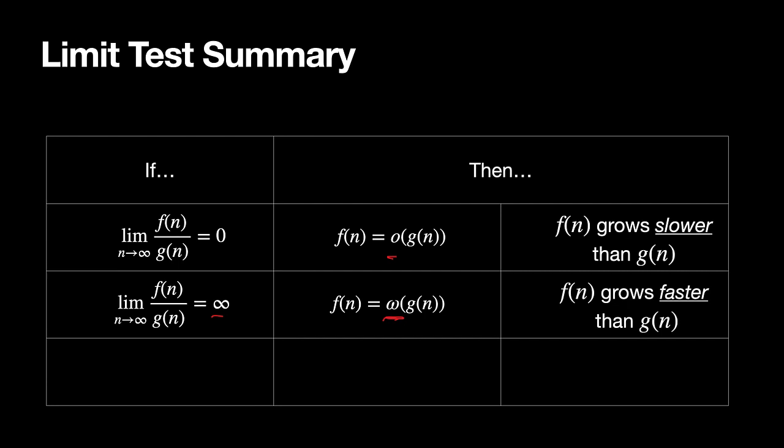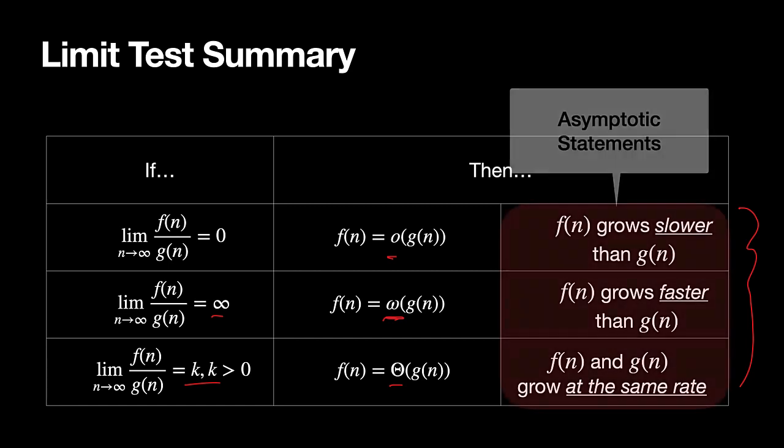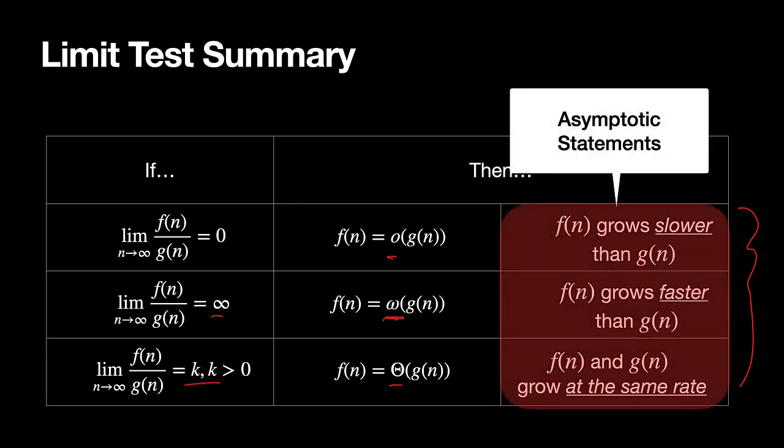And our third notation is when our limit happens to be some constant. We didn't introduce new notation for that, it's just still big theta. And we could basically say that these two functions grow at the same rate. Okay, all of these different statements about the rate of growth are all asymptotic statements. We're all kind of talking about the rate of growth and the limit.